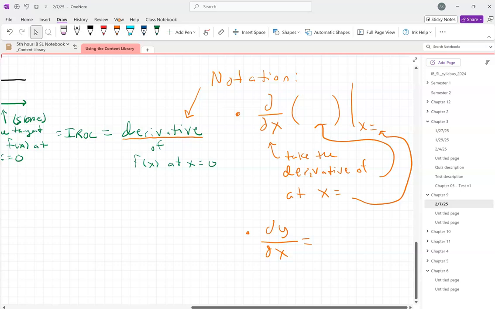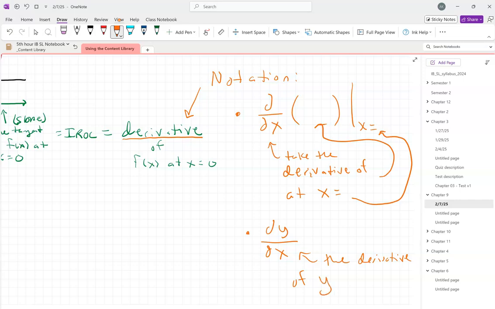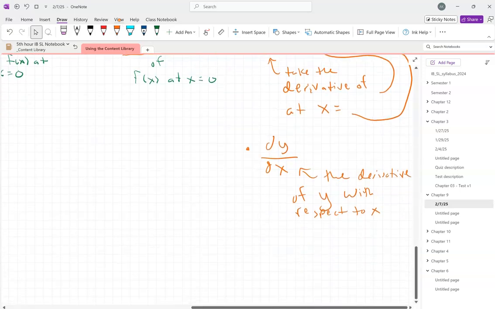If we write dy dx, this is the derivative of y with respect to x. We could write it as y prime.